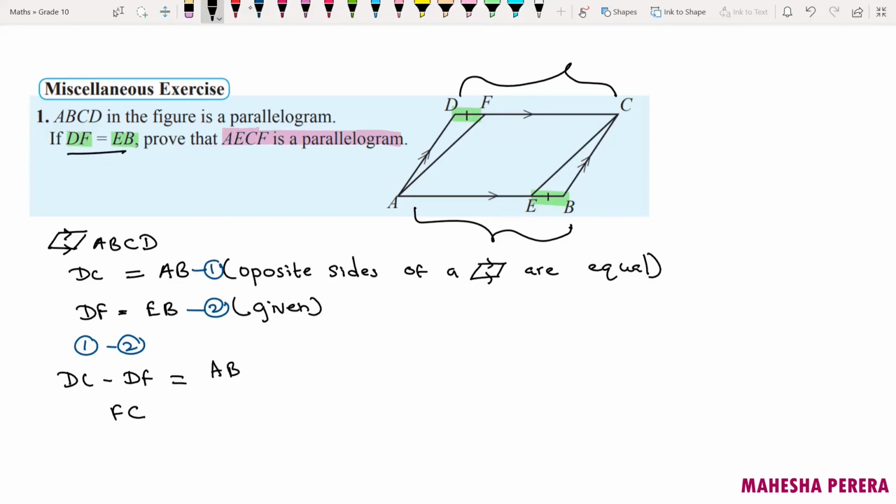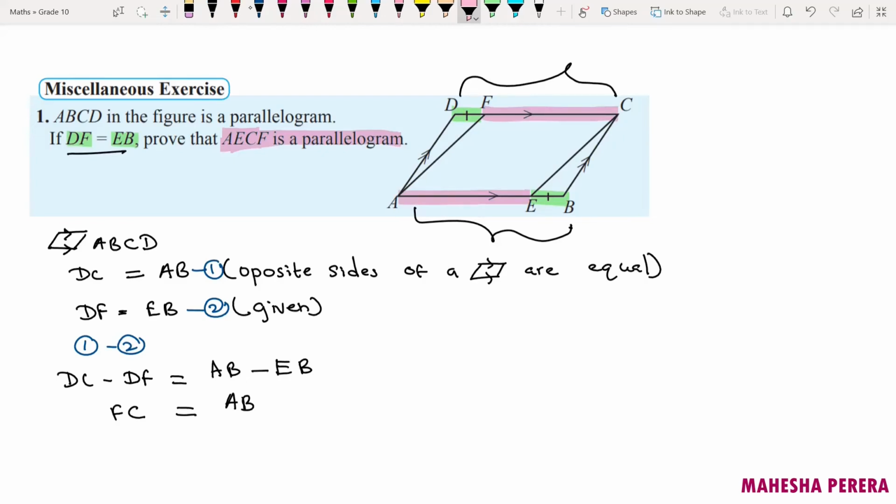From AB, if I deduct EB, I get AE. So FC equals AE. So where are this FC and AE? These are the sides of our quadrilateral, right?